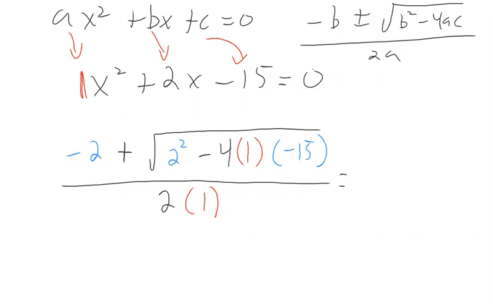I got mine in fraction form, so I do negative 2, not subtract 2, must be a negative sign, negative 2 plus the square root, underneath the square root 2 squared minus 4 times 1 times a negative 15, close my parentheses, hit the divide sign, and then divide by 2 times 1. Double check and make sure I put everything in my calculator correctly. And I get the answer 3.